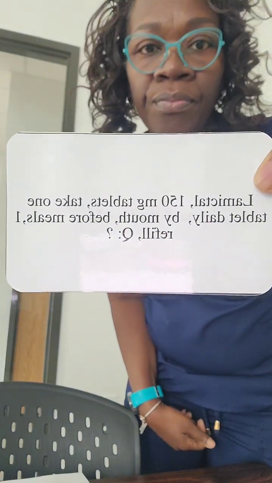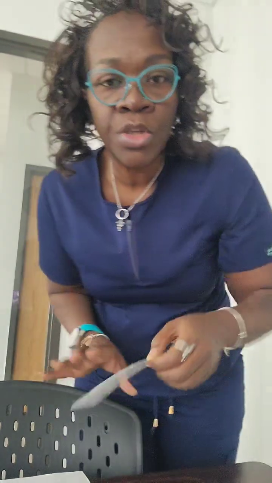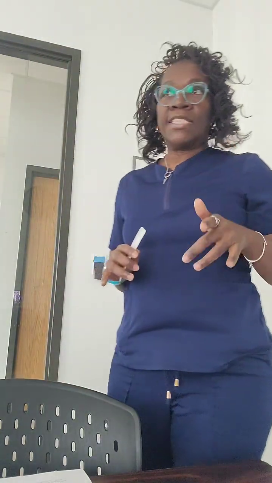So I give them a description of a prescription, a medication, and the details of that medication. Now they're writing it as a prescription. Lamictal is the medication, 150 milligram tablets. Take one tablet daily by mouth before a meal and one refill.